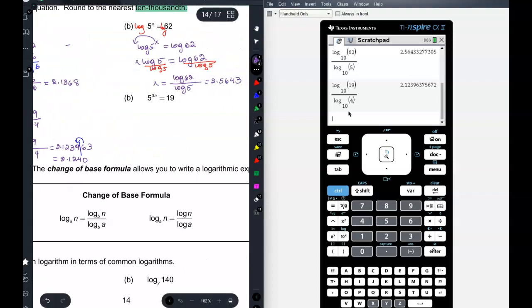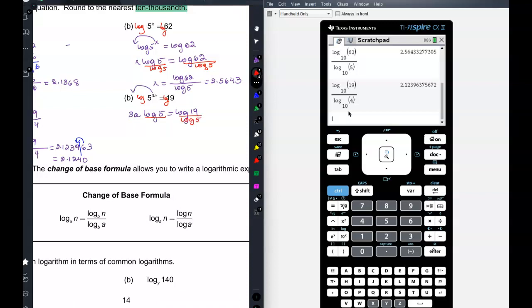Okay. Here, log of both sides. So 3a comes down. I have 3a log of 5 is log of 19. Okay. Divide both sides by log of 5.